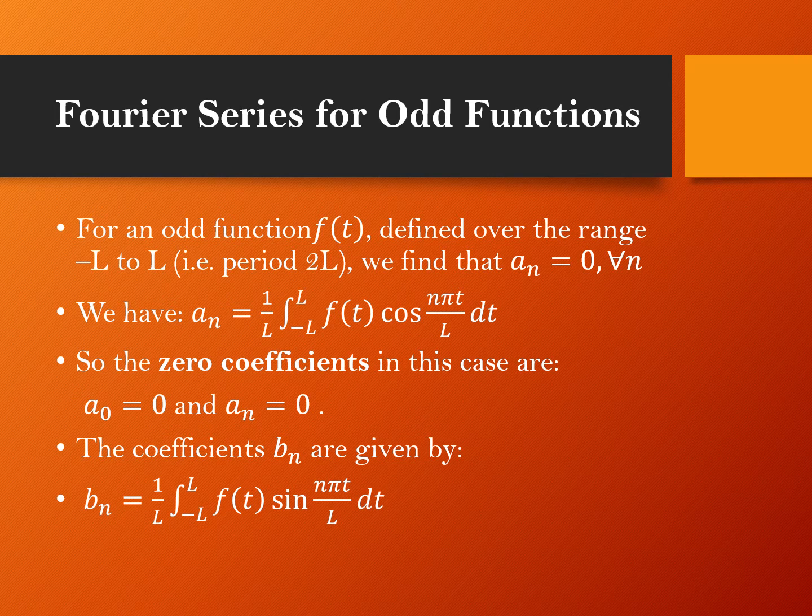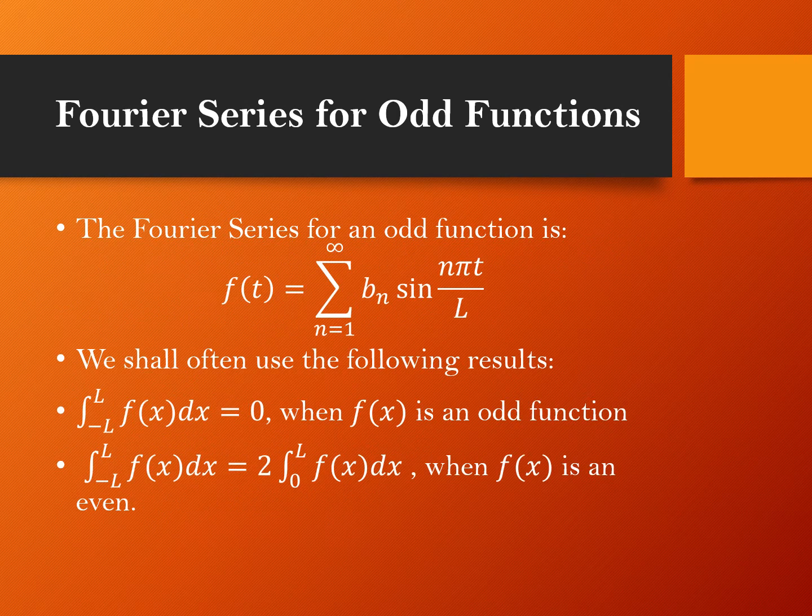Only bn will exist, and the formula for bn is equal to 1 upon L, integral from minus L to L of f(t) sin n pi t upon L dt, and this is the only Fourier series for an odd function f(t). The Fourier series for an odd function is just the series of bn sine terms, that is f(t) is equal to summation n equals 1 to infinity bn sin n pi t upon L.